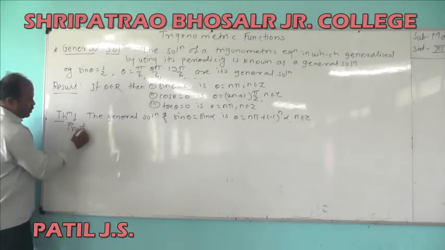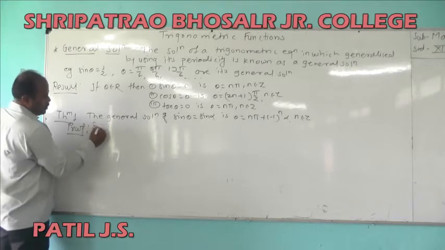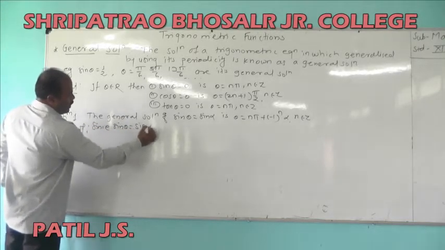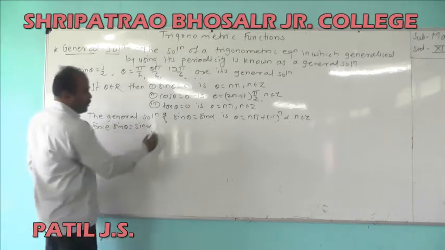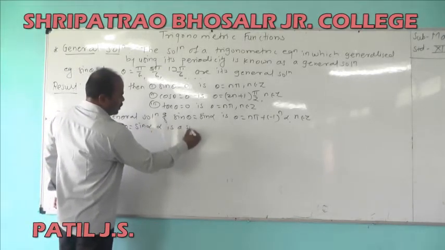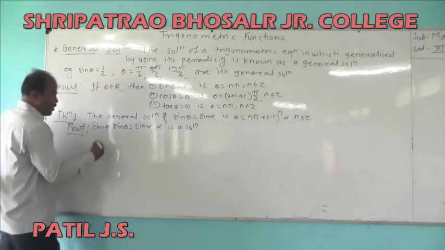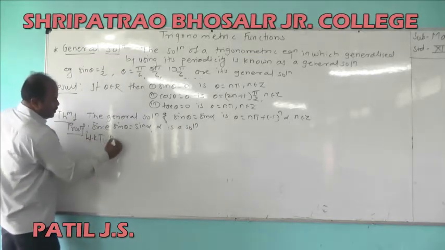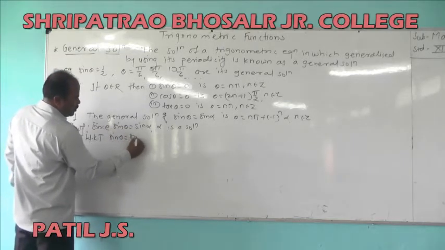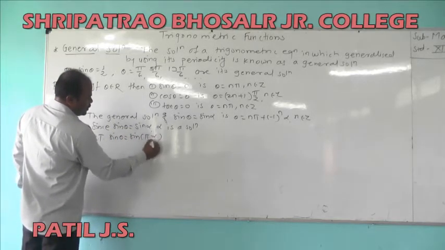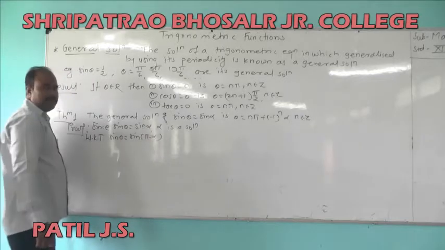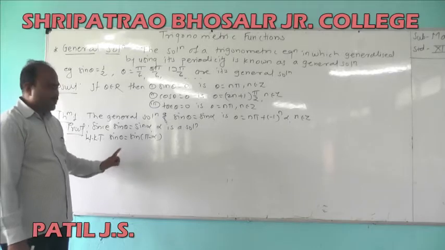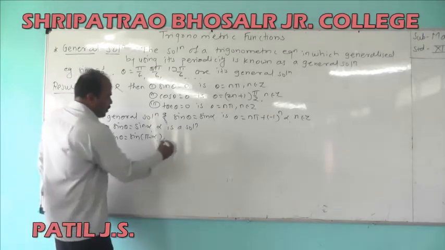Proof: since sin theta is equal to sin alpha is given, alpha is a solution. We know that sin theta is equal to sin of pi minus alpha, because pi minus alpha is in the second quadrant, and in the second quadrant sin theta is positive.